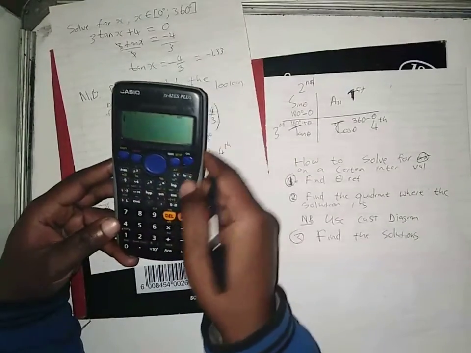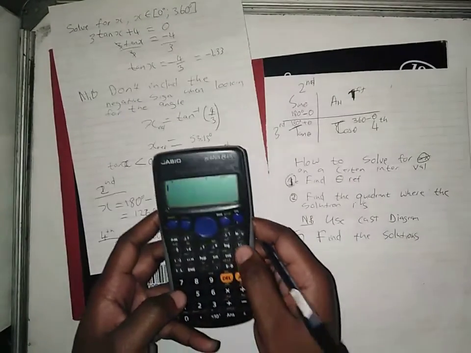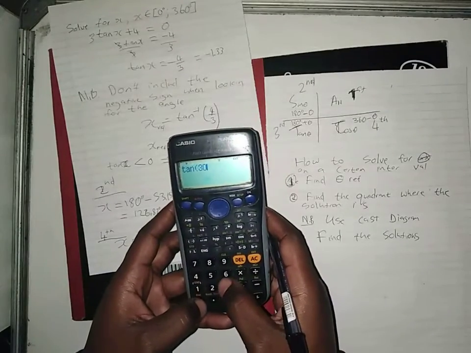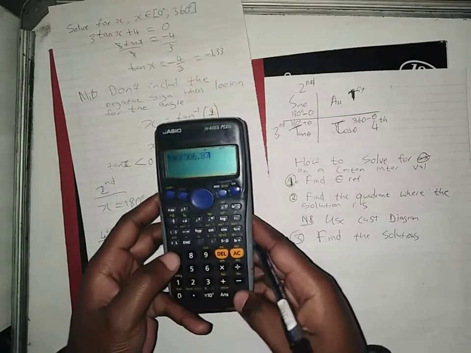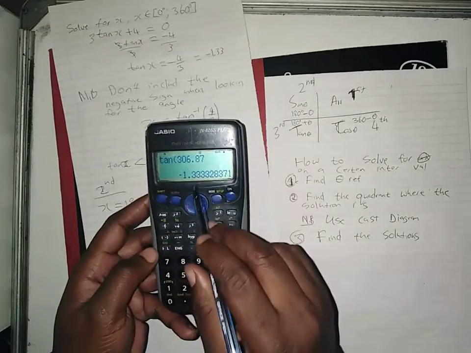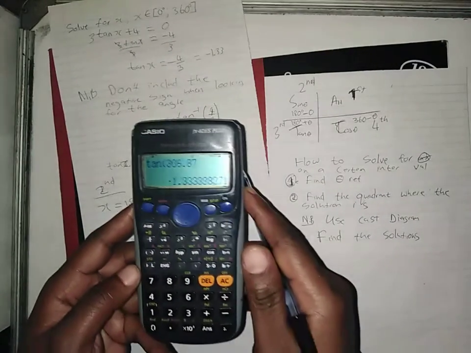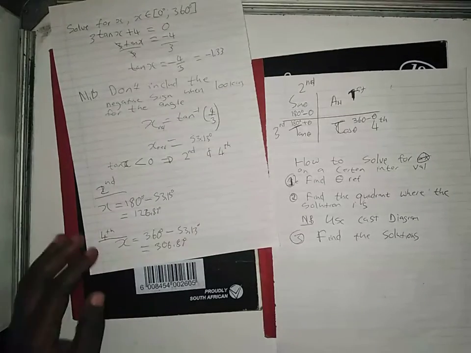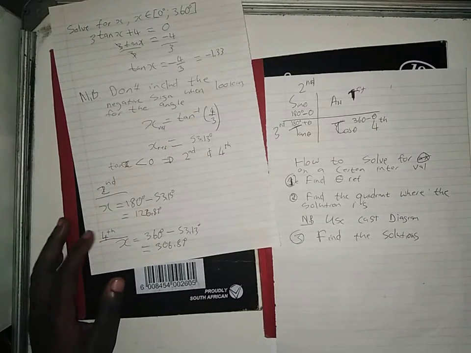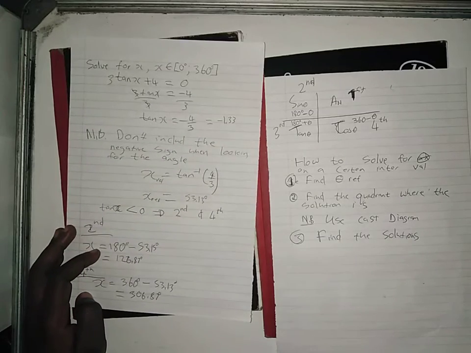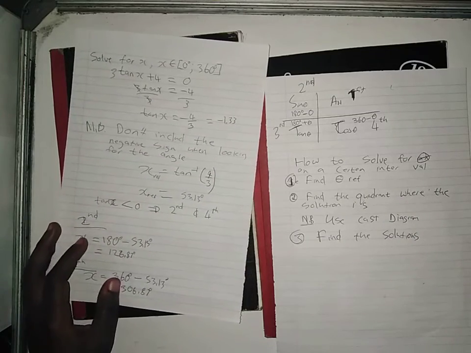Our calculator will help us. Tangent of 306.87, and what do we get? We get minus 1.33. Can you see? Yes, which means our solution is correct.